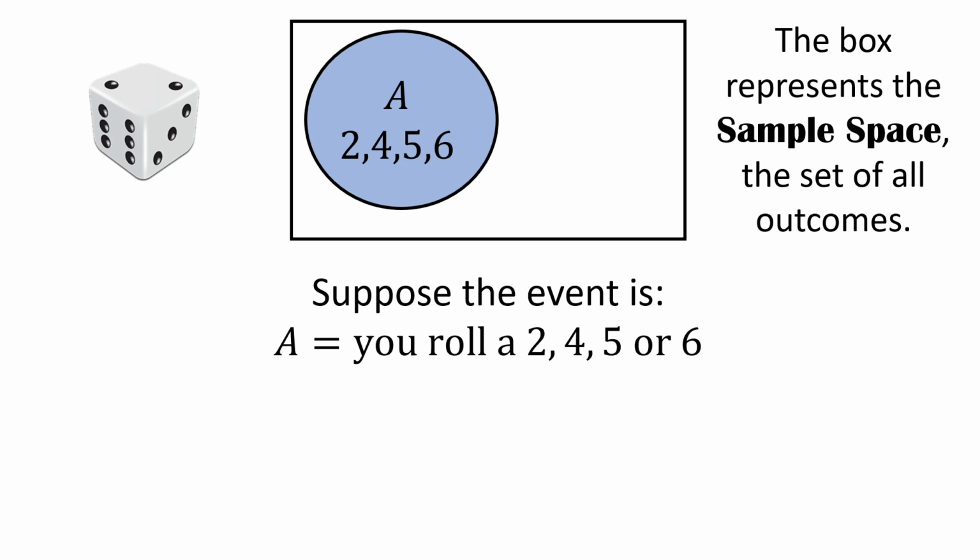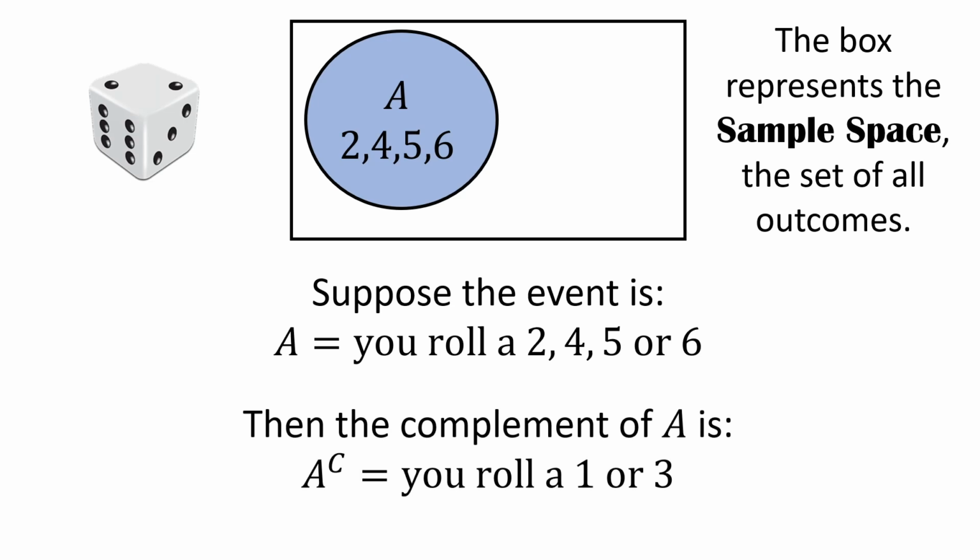In other words, what is left over in the sample space apart from event A? So you would have said that the complement is a 1 or a 3. So you see, putting these two events together, A and A complement, you get all possible outcomes, the whole sample space.